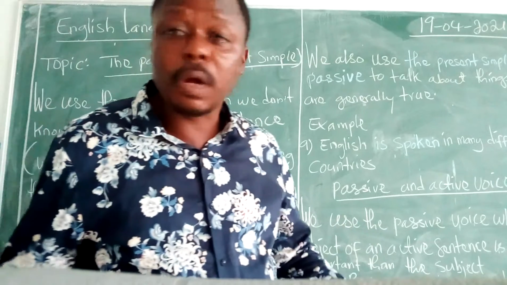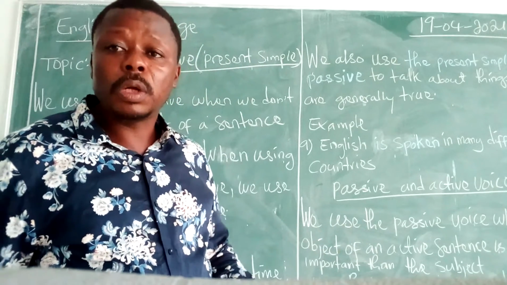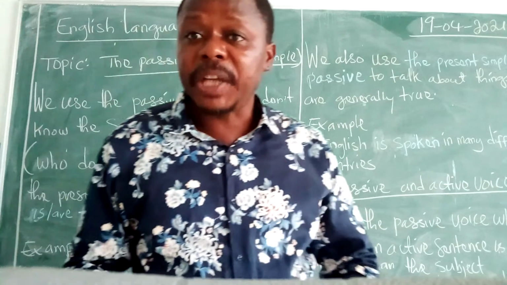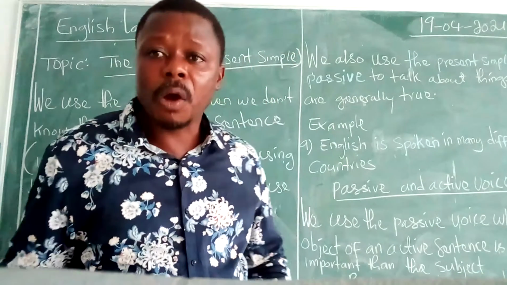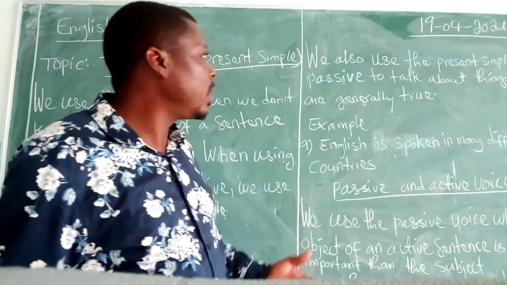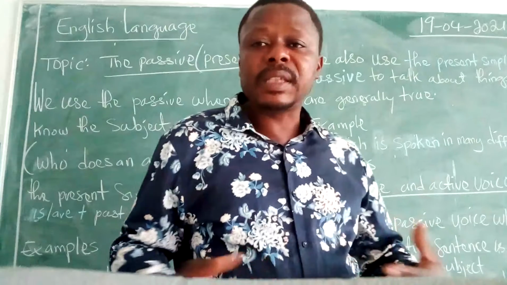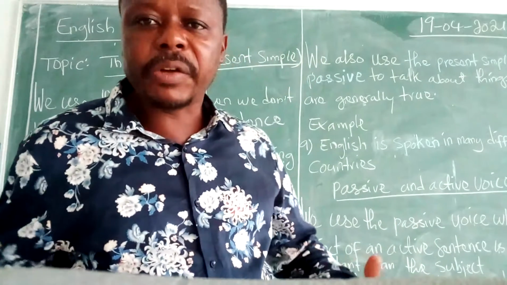General statements that are generally true. Patients are admitted in hospitals. These are statements that are generally true. So we can use the present simple passive to make statements that are generally true.